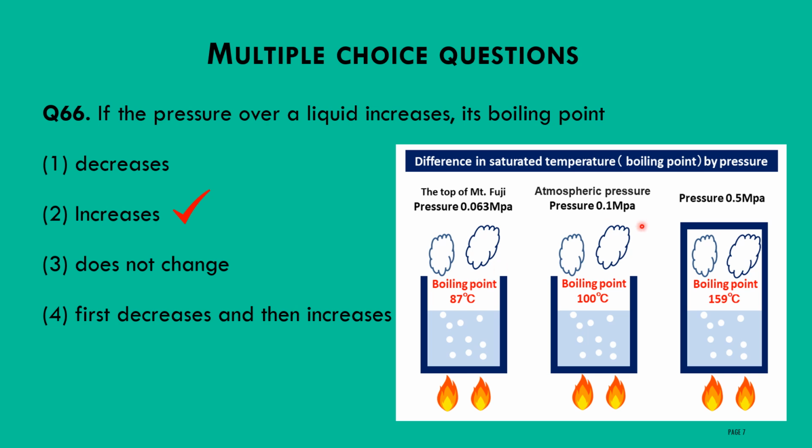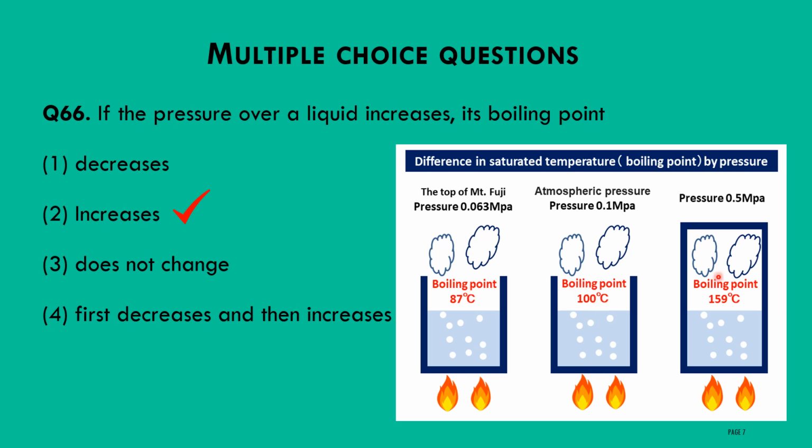Compared to the first one, the pressure is more, meaning you are applying more force to the liquid particles, so you have to provide more energy to convert them into a vapor state. Therefore, in the second case the boiling point is more compared to the first case.